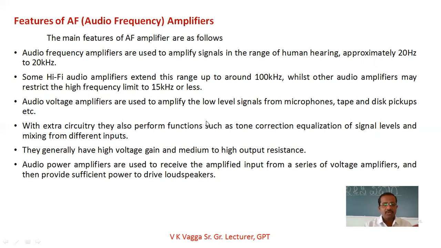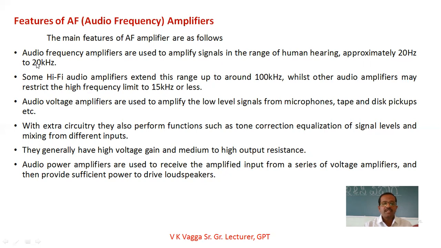If it is less than 20 hertz, or above 20 kilohertz, it is very difficult for the human ear to recognize or hear. Some hi-fi audio amplifiers extend this range up to around 100 kilohertz.